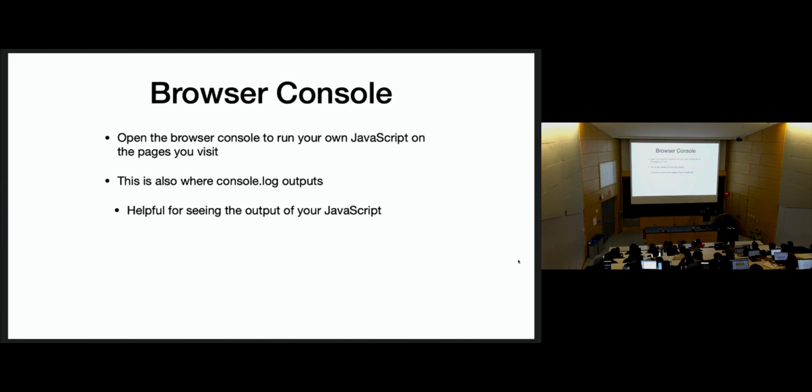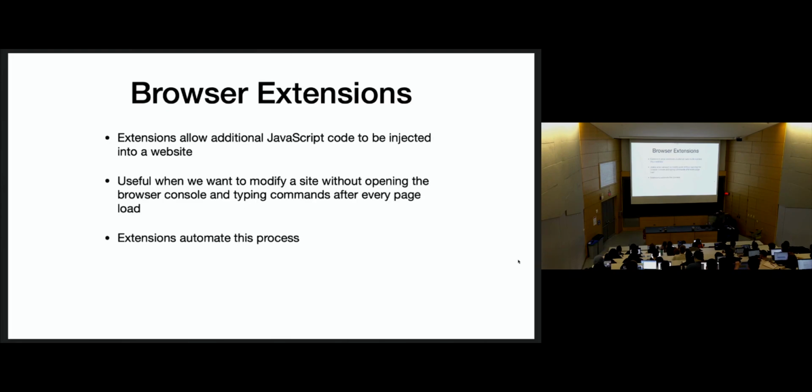If you have something going on your page and you want to just quick, without editing your script and relaunching your site and refreshing, you just want to write a line of JavaScript and see what it does, just type it in the browser console and run that one line. Or if you're on a page that is not yours and you want to run some JavaScript on that code, you can open up that console and run any JavaScript you want on that page. Which we'll do. I'll do that demo. I think it'll be in a couple weeks. I think I'll rearrange it a little bit.